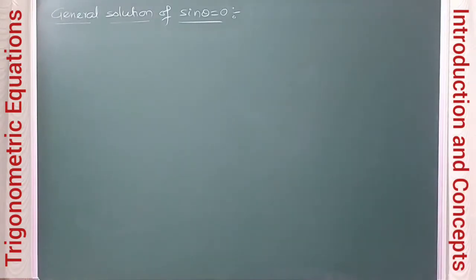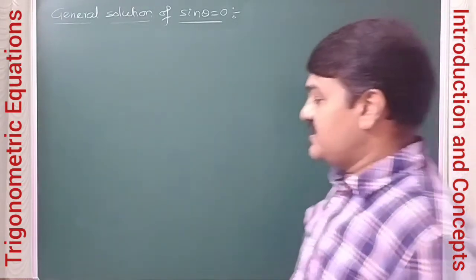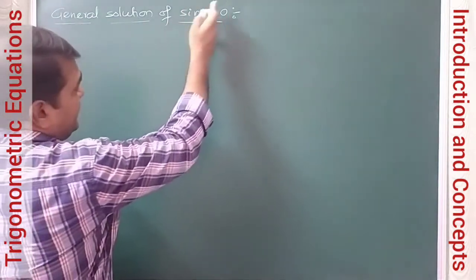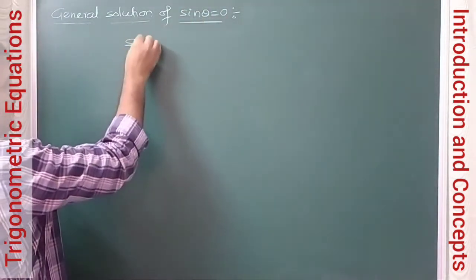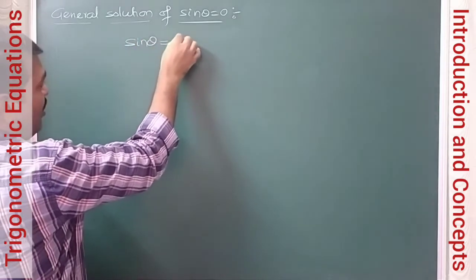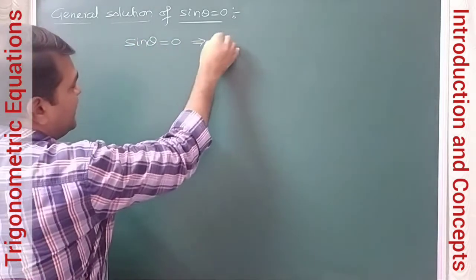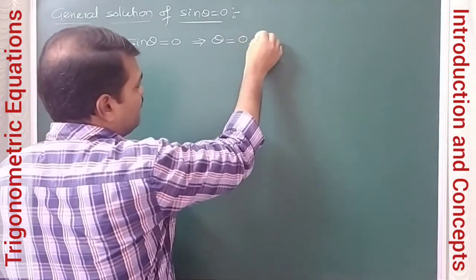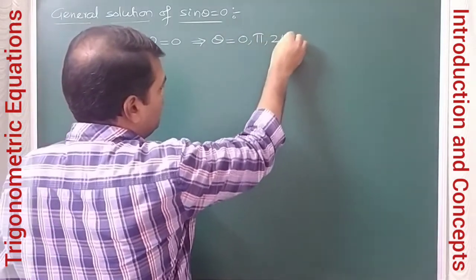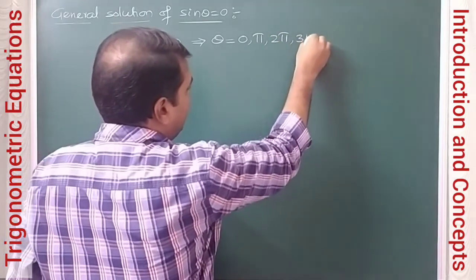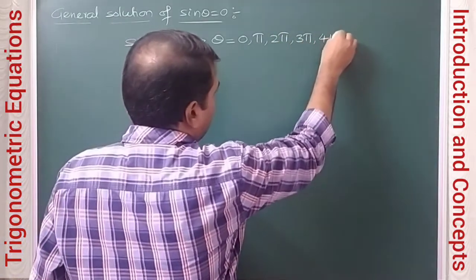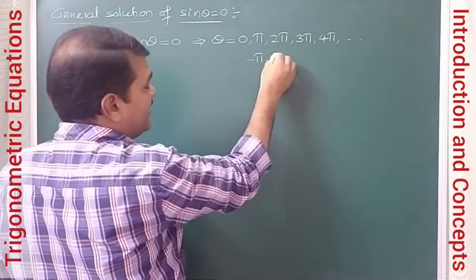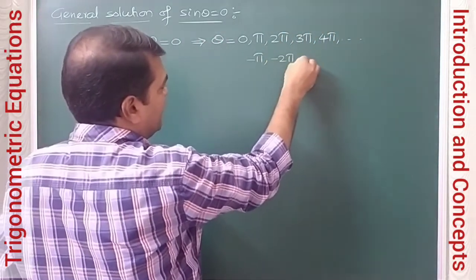Let us see the general solution of sin theta is equal to 0. So we know that sin theta 0 is satisfied for all multiples of pi. That means theta can be 0, pi, 2 pi, any integral multiple of pi. You can take negative multiples of pi also.